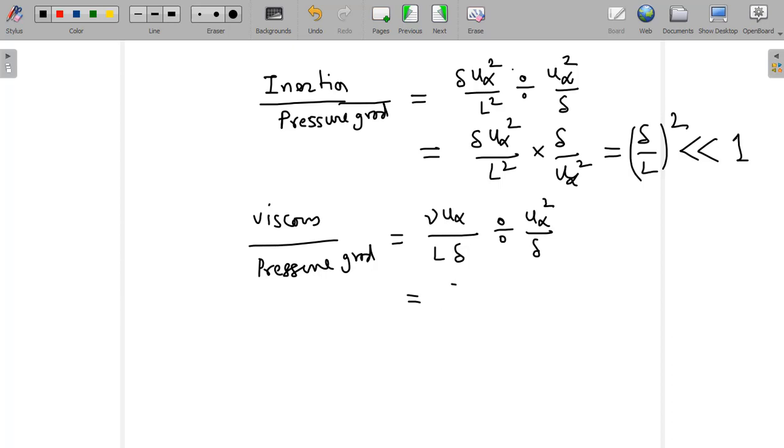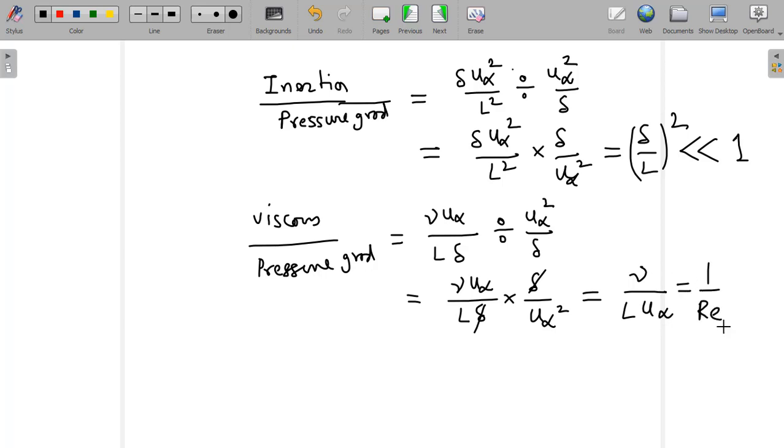If you simplify, this delta will cancel, and it will be nu by L into u infinity, which is nothing but 1 by Reynolds number considering the characteristic length L.